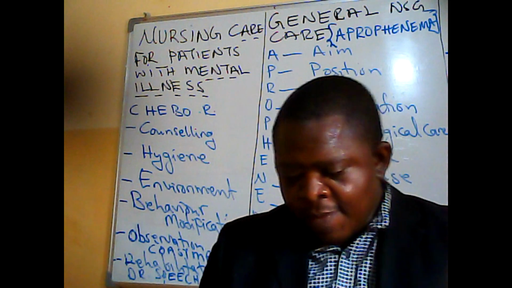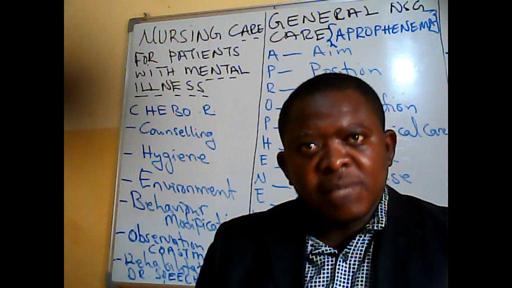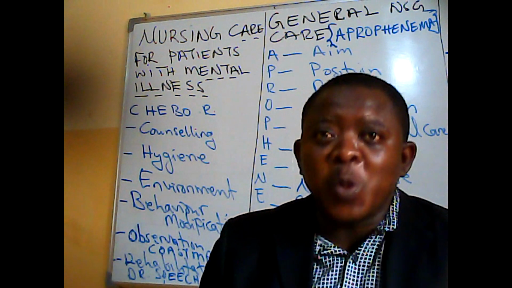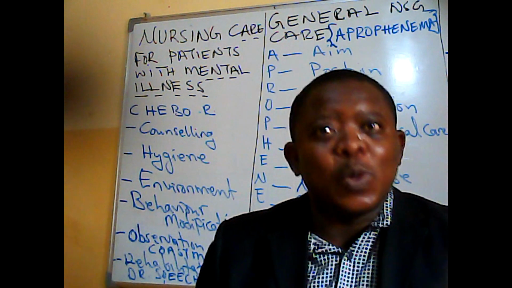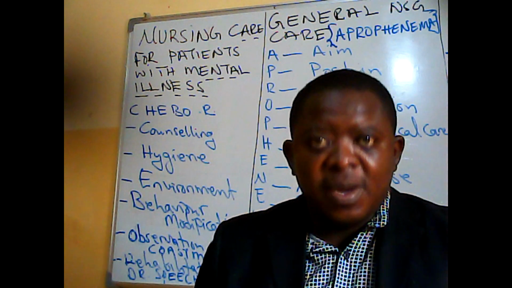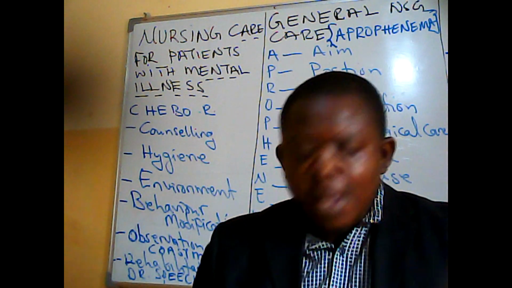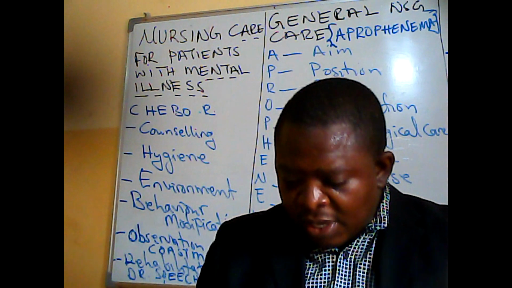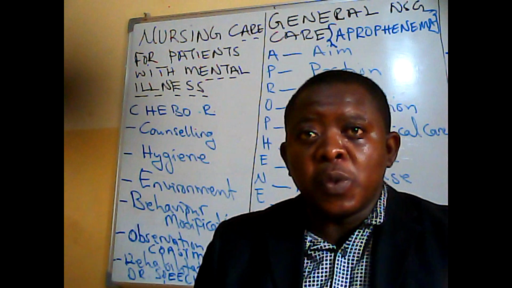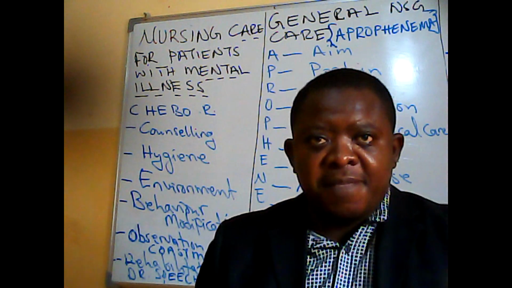Doctor speech, drug adherence. D is for drug adherence. Patients may be on treatment for a long time, so it's important to adhere in order to avoid relapse. All right, so from D, drug adherence, R, we are looking at review. Patients may need to be reviewed each and every time so that we see the progress.